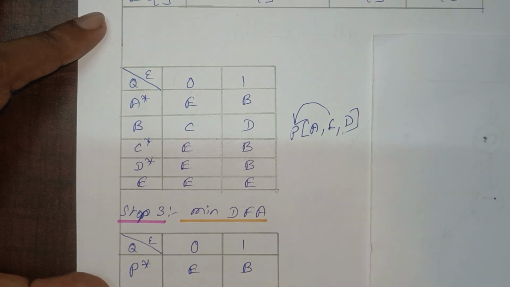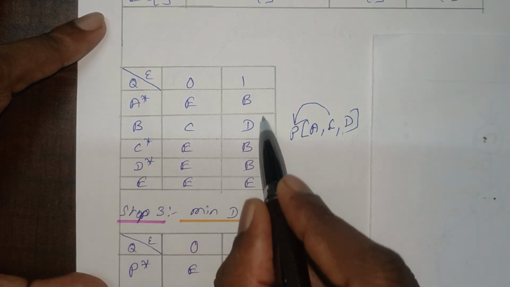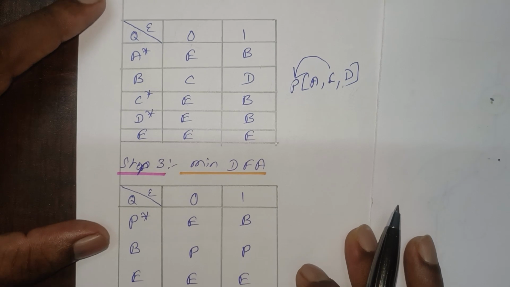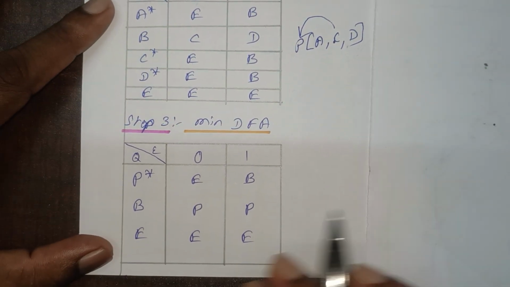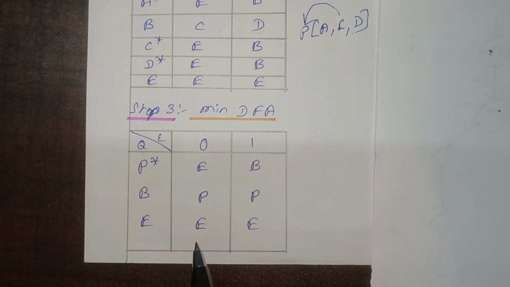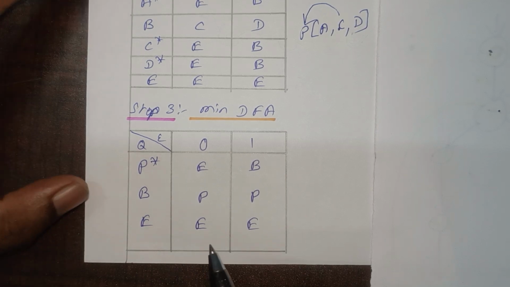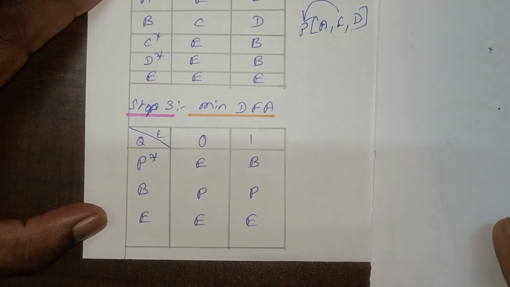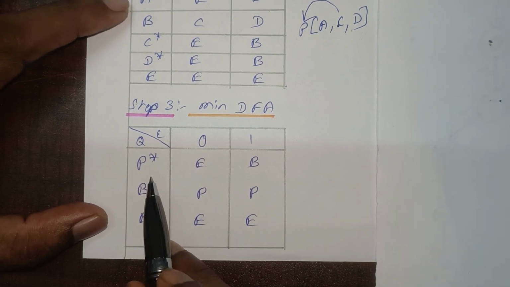So why this repeated step? We are taking all of these as one. So we can reduce this transition table. This is the minimized DFA. Anything you minimize, 5 into 4 or 4 into 3 or 1, whatever it is, will be considered a minimized DFA.